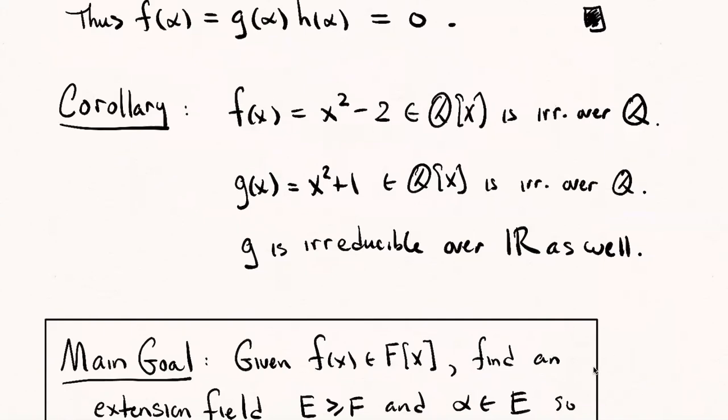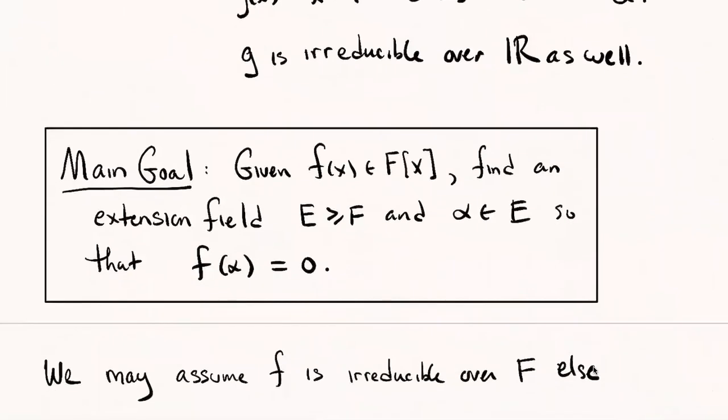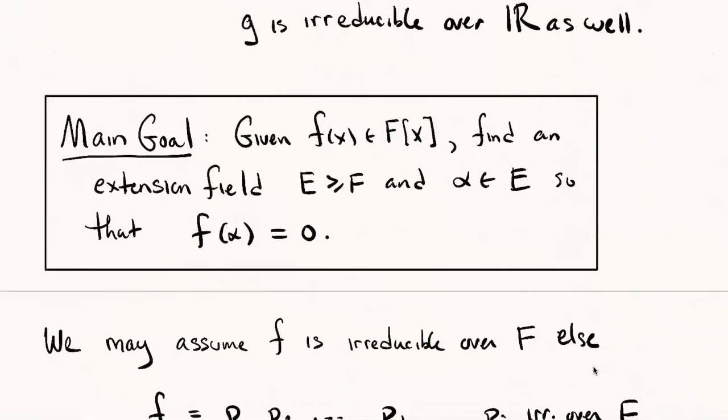Okay, so now we're at a point where I can state the final goal, the final mathematical fact I want to show you in this class. I want to show you that given a polynomial over a field F, we can construct an extension field of F. We can find some field that's bigger than or equal to F, and it will be guaranteed to have a 0 for that polynomial.